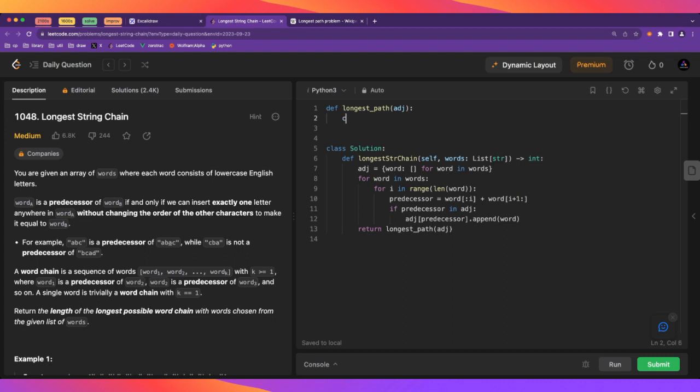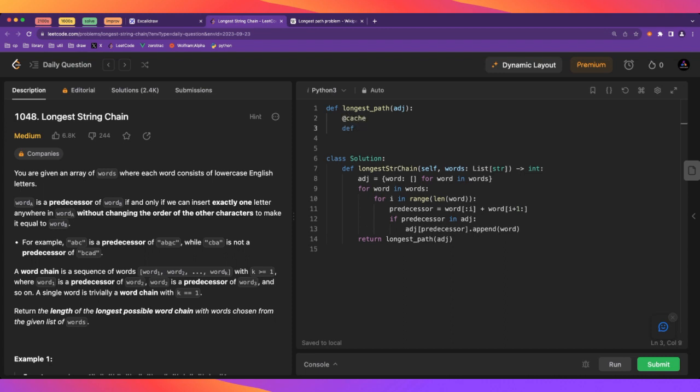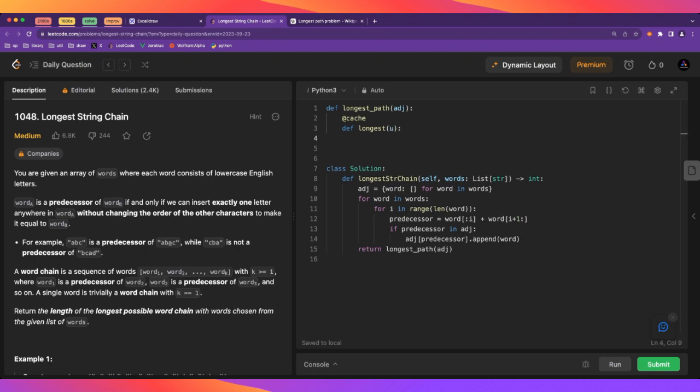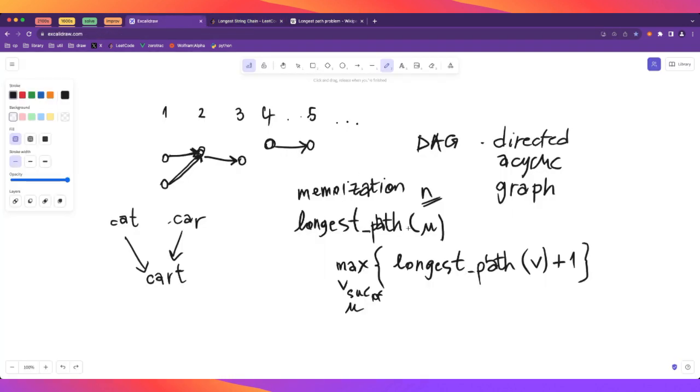Yes, let's do memoization. Longest of the node u, it's going to be the maximum. This is exactly what we wrote here, right?